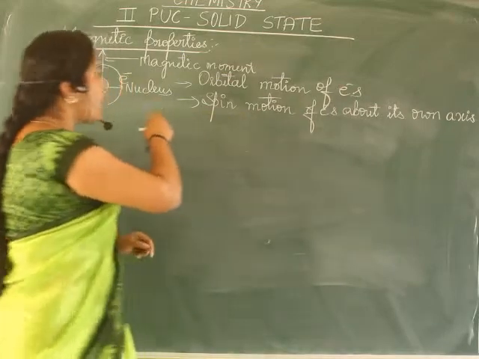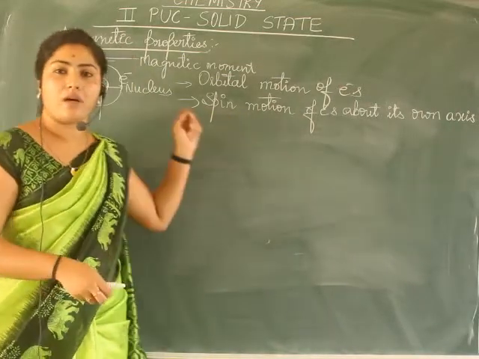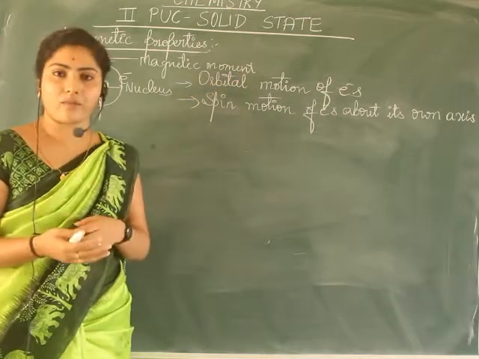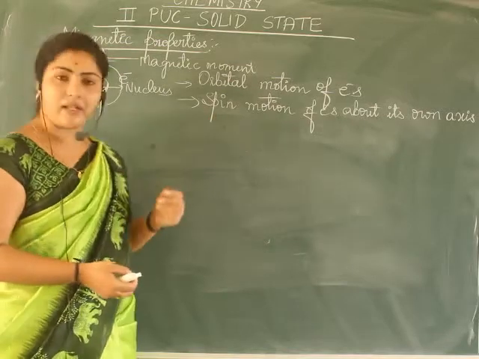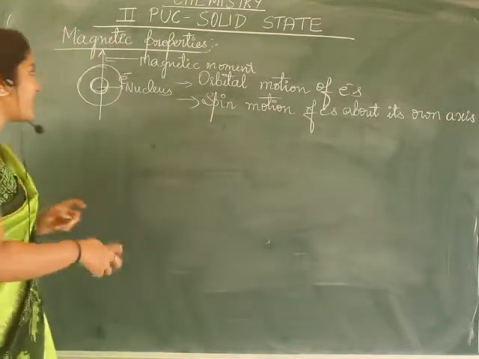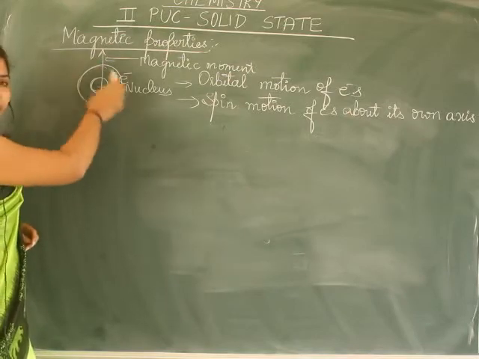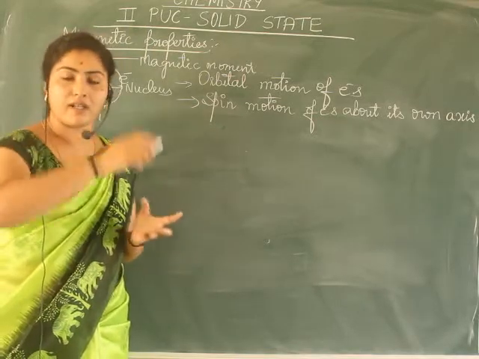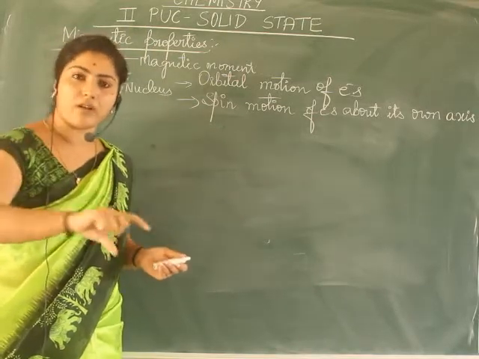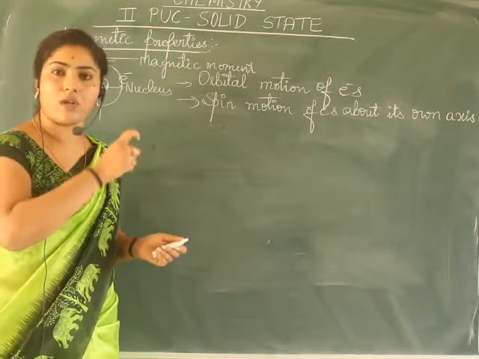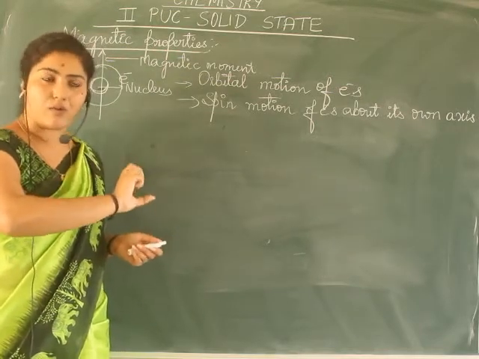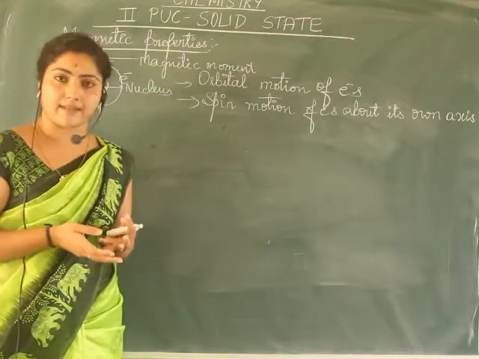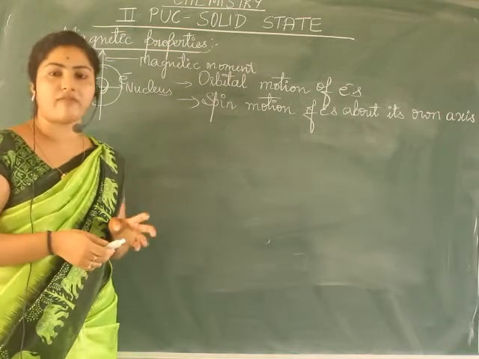So a magnetic moment is produced from the orbital angular momentum and spin motion of the electrons. Orbital motion means the electrons keep revolving in the orbit. Spin motion means that while the electron is revolving, it spins about its own axis. The spin can be clockwise or anti-clockwise.